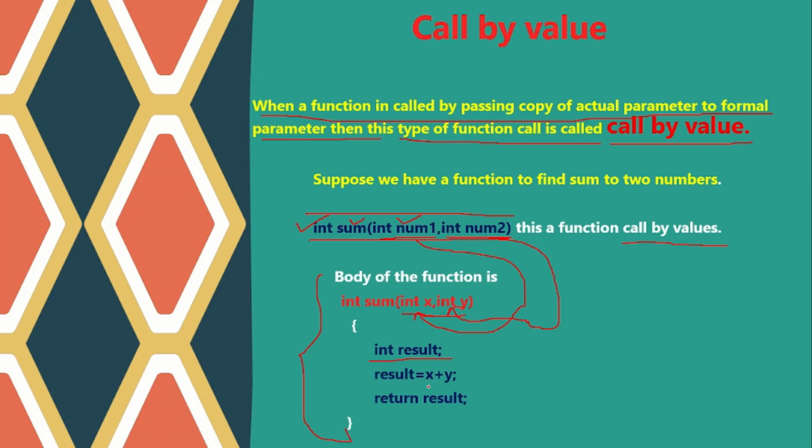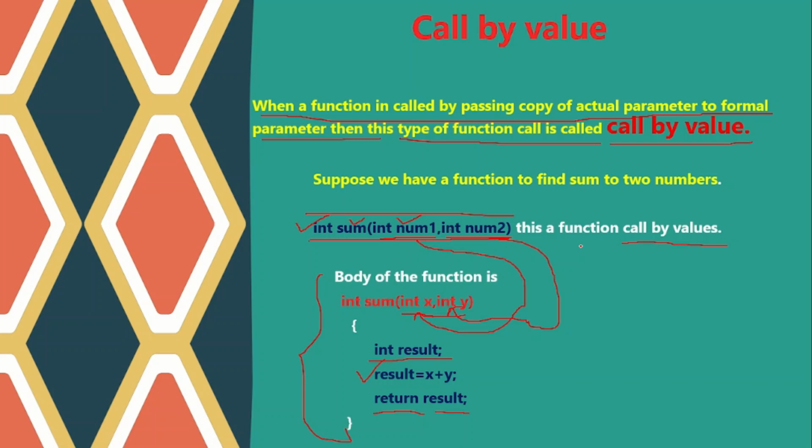Then we have value of num1 in x, value of num2 in y. So when we do x plus y, the total will go to result variable. And when we return this result, this will be given to the calling function. So it's very, very simple. I hope you are able to understand it now.